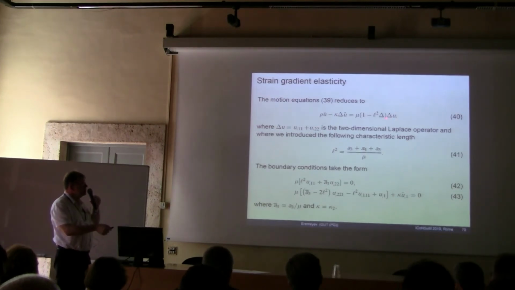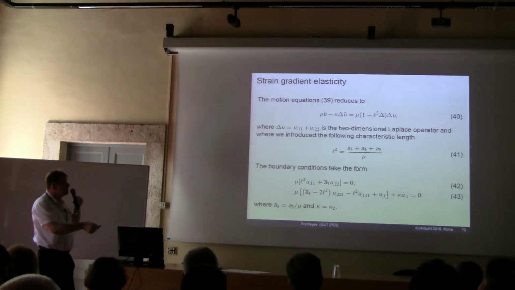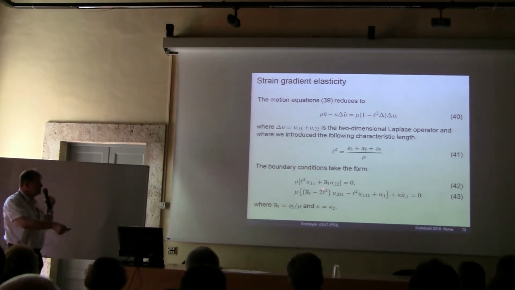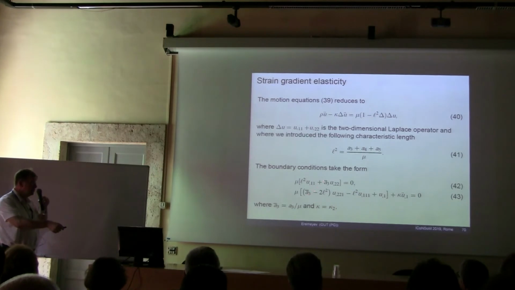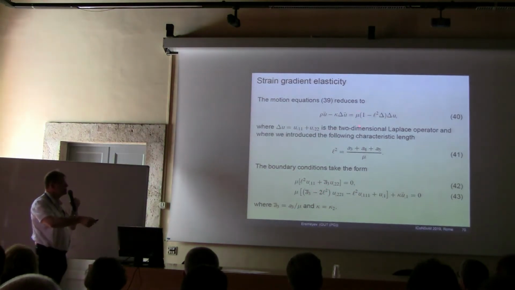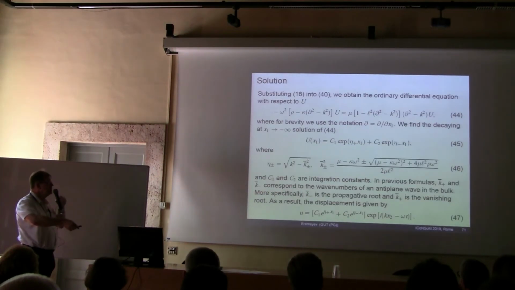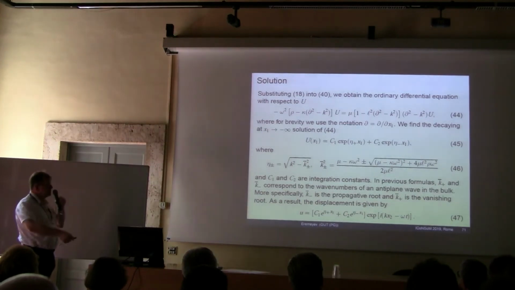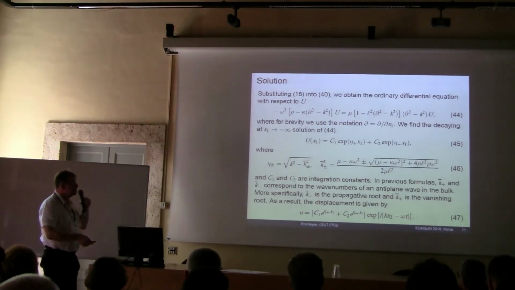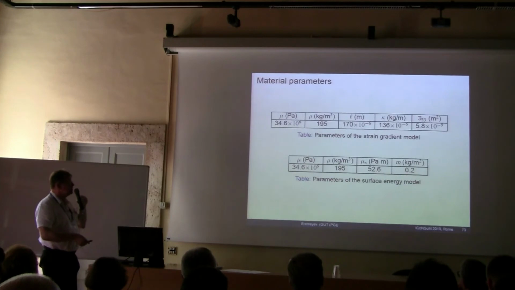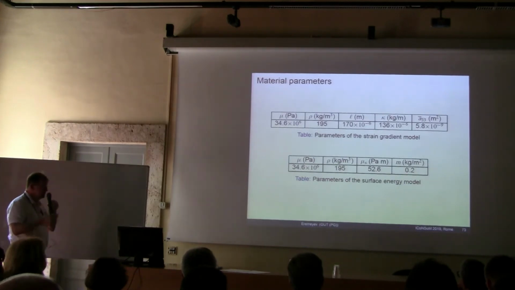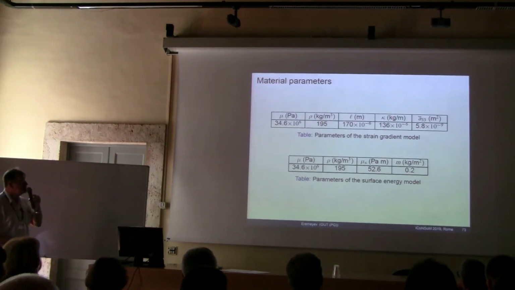And in the case of antiplane waves, we have this equation, which looks like some kind of extension with boundary conditions. We have 2 boundary conditions because we have a fourth order equation. We do all this procedure for the steady state solution. We obtain the solution, and finally we try to compare it with the Gurtin-Murdoch model.